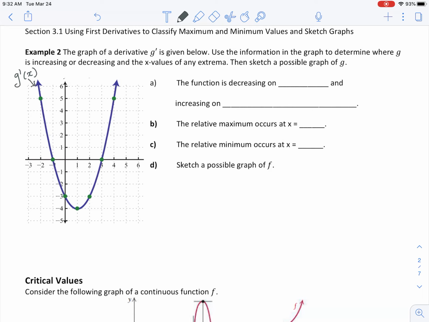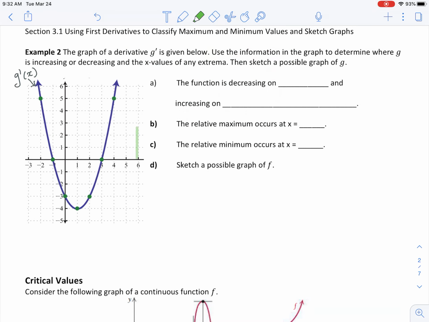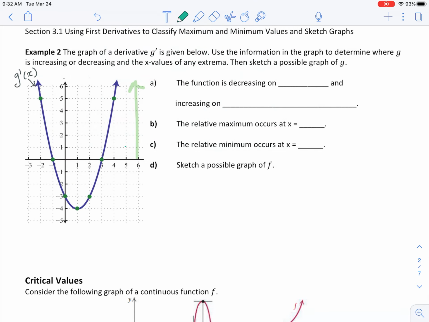I always sketch first and then I talk about the relative maximum or minimum. Okay, but now let's take a look. You do know how to tell whether a function is increasing or decreasing. Anywhere above the x-axis is where the derivative is positive, right?